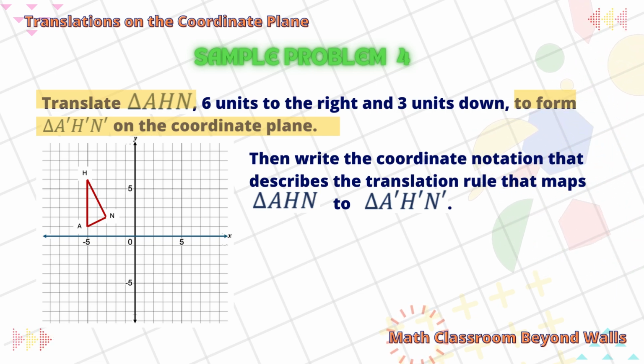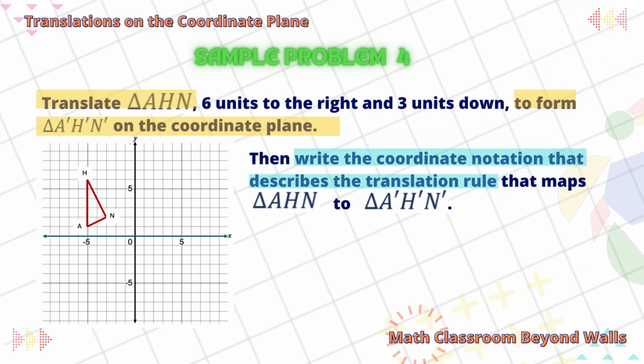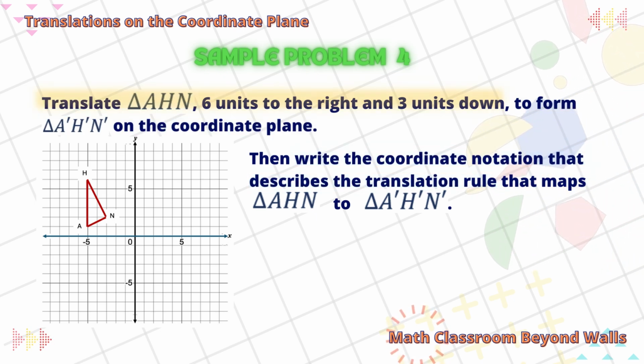That is what is meant by translate triangle AHN. Second, to write the coordinate notation that describes the translation rule. What is given here? The triangle AHN is to be translated 6 units to the right and 3 units down. A figure of triangle AHN is given.